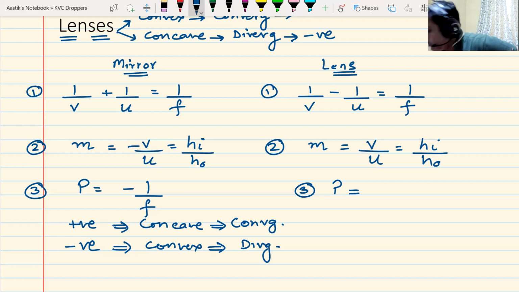Can you now apply some common sense and tell me the formula for power of a lens? Most of you are wearing lenses, so you must be knowing the power of a lens. I'll give you a minute to think about it and tell me the answer.